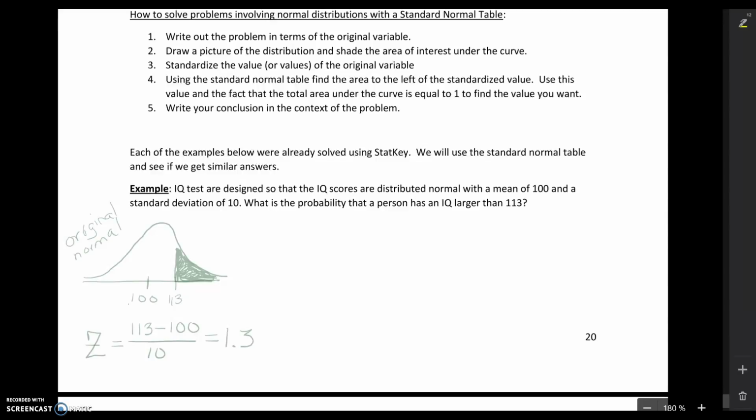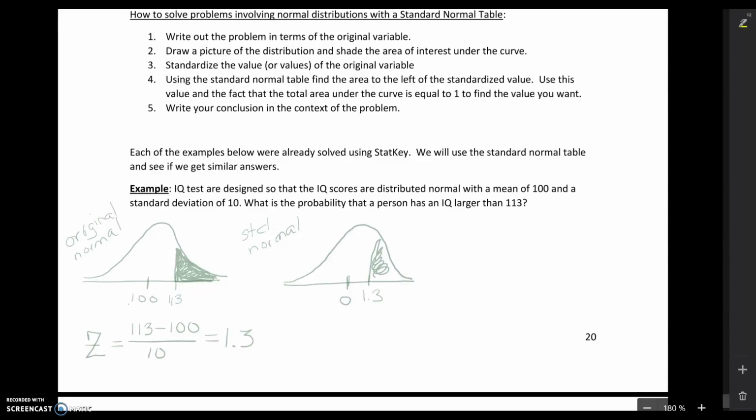This normal right here is our original normal, and what we're doing is converting it over to a standard normal. In terms of the standard normal, if we draw a picture, it's centered at 0, and 1.3 is to the right of 0.